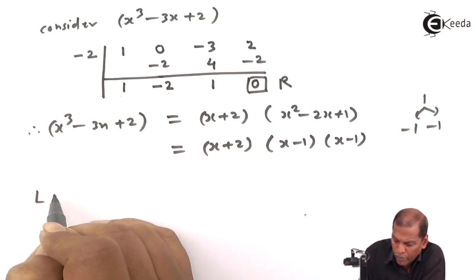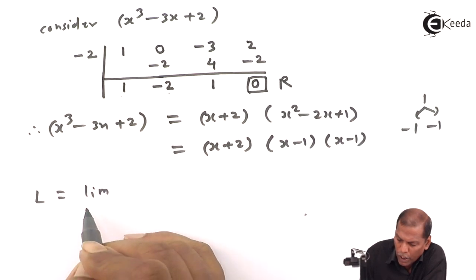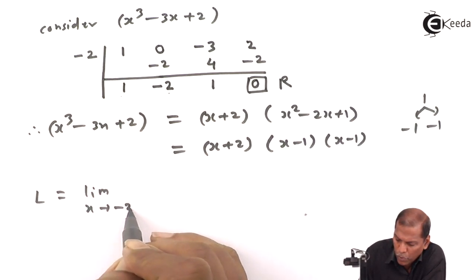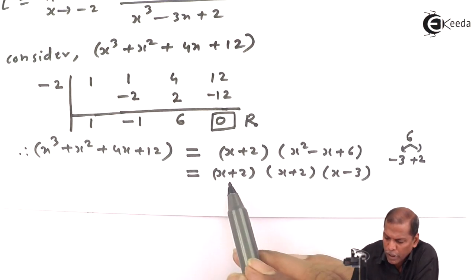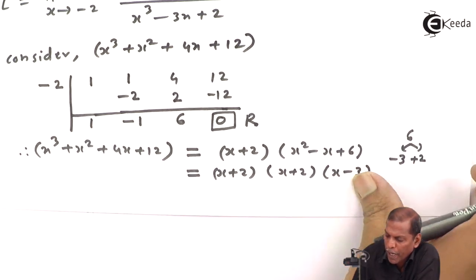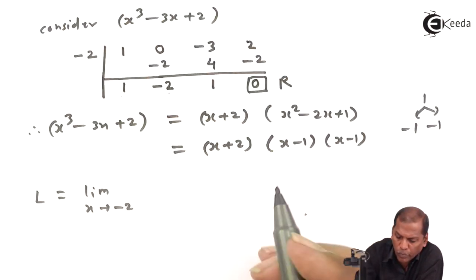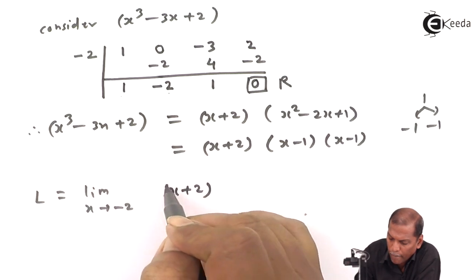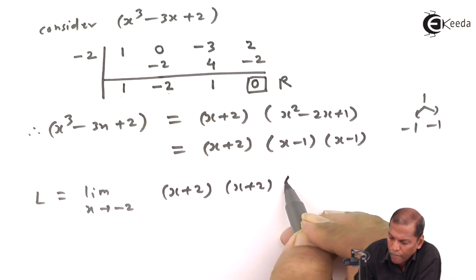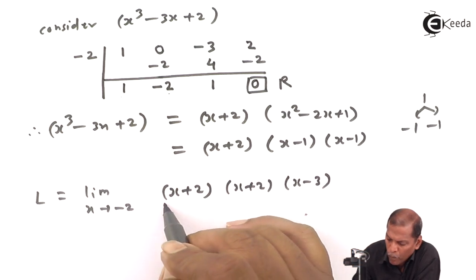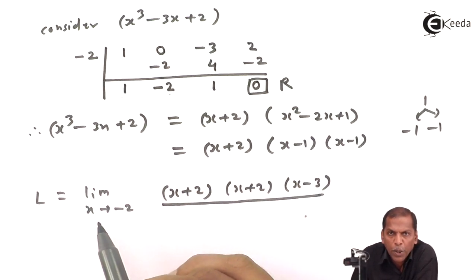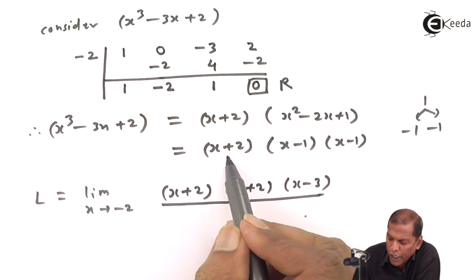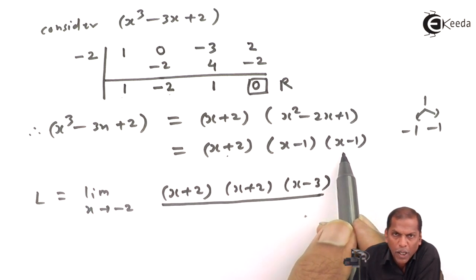Therefore the next step will be L is equal to limit x tends to minus 2. For the numerator we have factors x plus 2, x plus 2, x minus 3, and the whole thing divided by the factors of x cube minus 3x plus 2, that is x plus 2, x minus 1, x minus 1, which we write in the denominator.